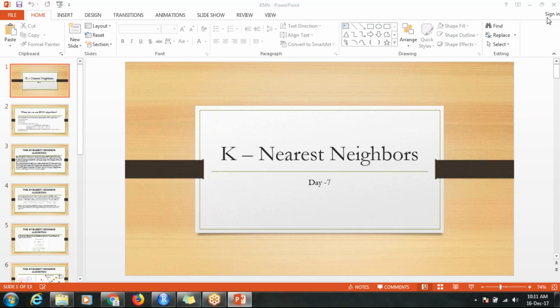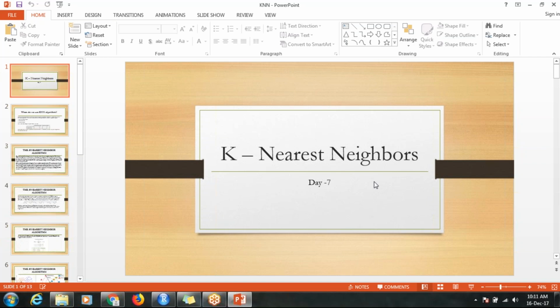So when we come across classification problems, KNN is a very good technique to work with, and it is quite easy to understand. It is even easier to understand compared to logistic regression, and its working can be well explained.